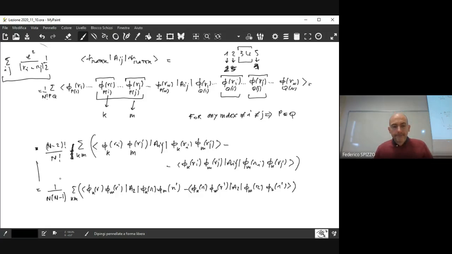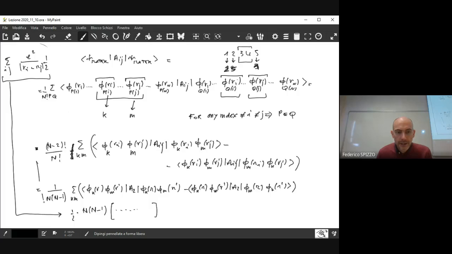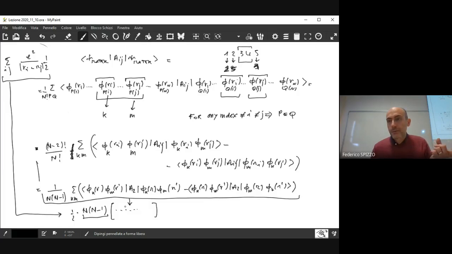So if we try to write this, we have 1/2 times n times (n minus 1) times what is found here. This is the number of operators we need to consider, and this is the result that corresponds to one of those operators, a result that doesn't depend on the specific coordinate.